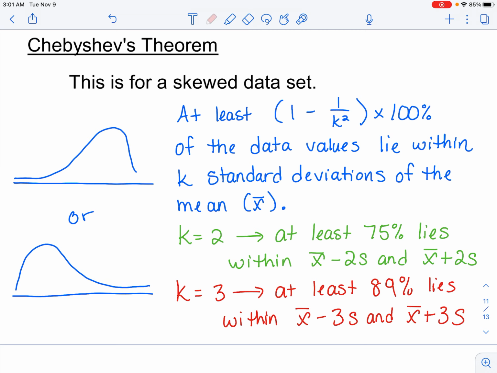Now we're going to stick with using 2 standard deviations. Anytime we calculate typical min or max, we're going to use x bar minus 2s and x bar plus 2s, because at least 75% of the data, that's still a significant chunk. It's more than a majority, so that's what we're going to go with, okay?